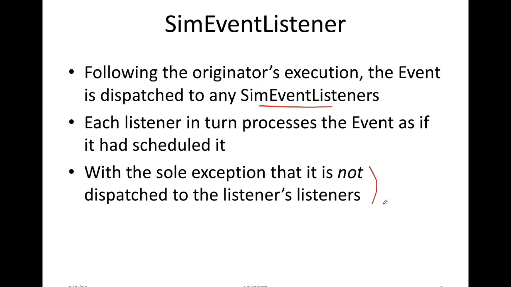So when an arrival event occurred, the event list would pass it back to the arrival process. The arrival process would then do its thing, schedule the next arrival, update the count of the number of arrivals, and then dispatch it to its listener. In that particular case, its listener was the simple server. And then the simple server would hear the same sim event and use exactly the same logic as before. It says, okay, I get this event. Do I have a do method that matches this event? If it does, then I'll execute it. If it doesn't, then it just stops there.